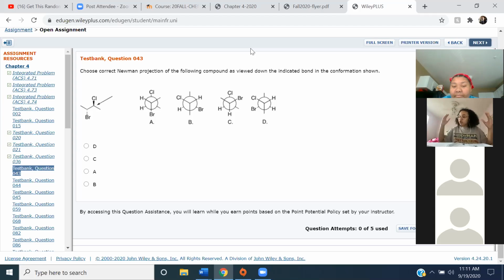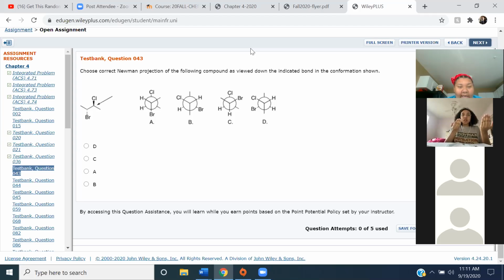Okay, so I know if it's on the circle, then it's in the back. Okay, I see what you're talking about. If the dark one is bent, pushing forward, right? If they're on the single bonds, then it's to the front.